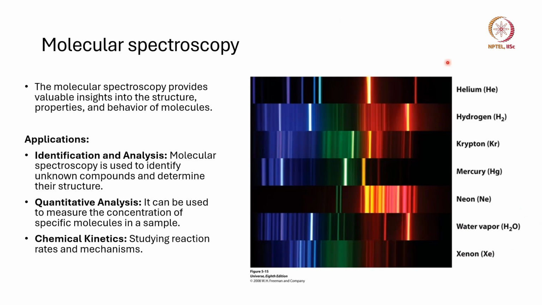We can see that in case of helium, the spectrum looks like a line spectrum with discrete individual lines at specific wavelengths. However, there are closely spaced lines which appear as bands even in helium.